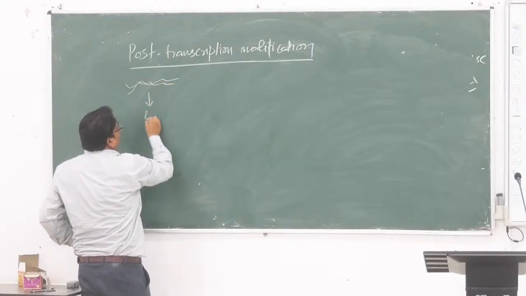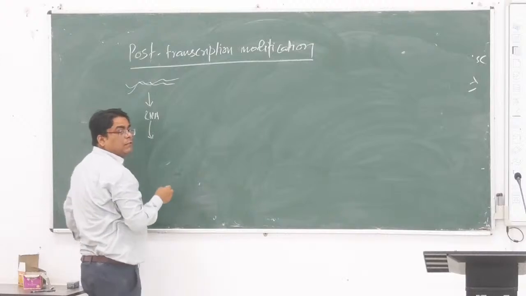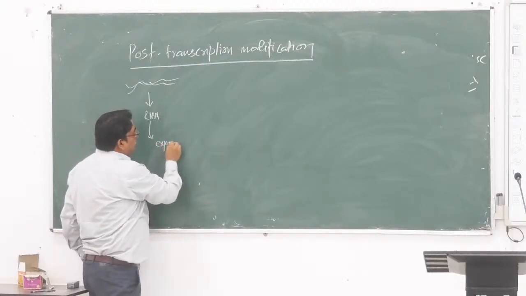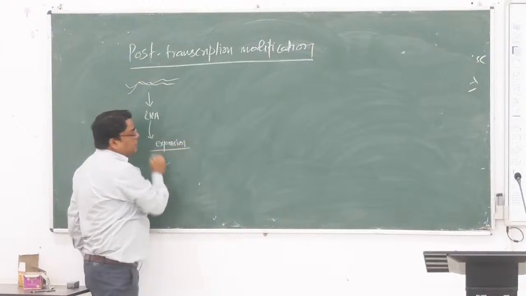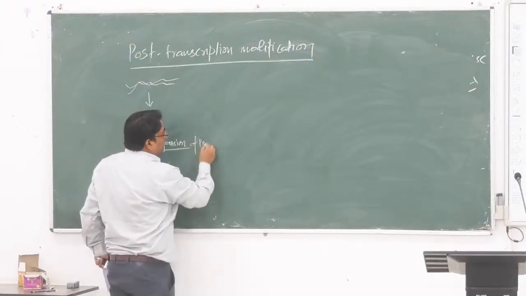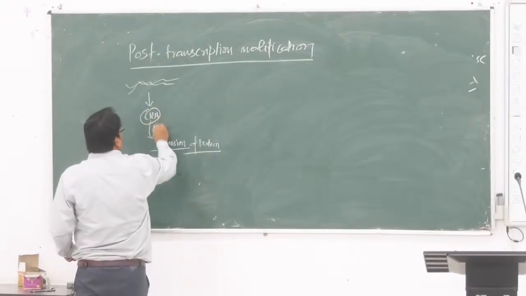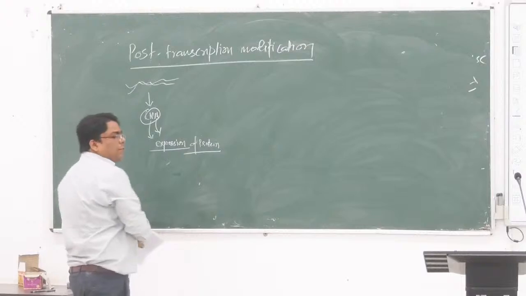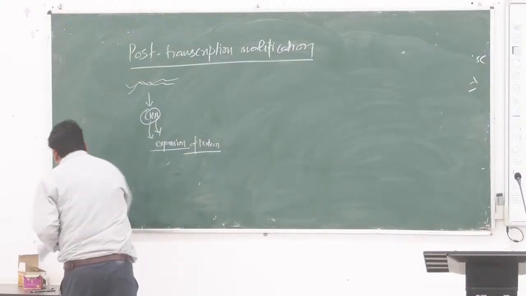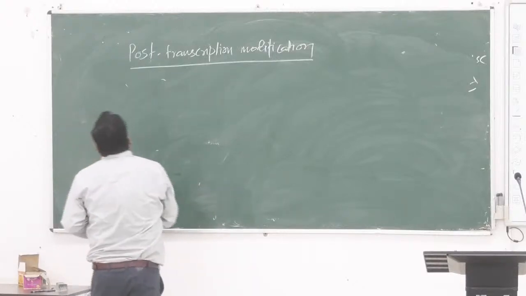Here RNA is formed, and this RNA goes to the next step, the translation process, for expression of proteins. We call this process the central dogma. So after the formation of RNA, some modifications occur, which we call post-transcription modification. There are mainly 4 kinds of changes.